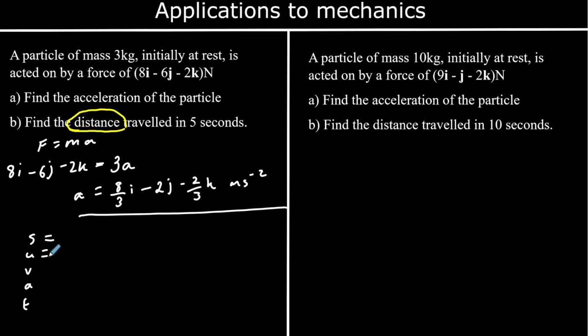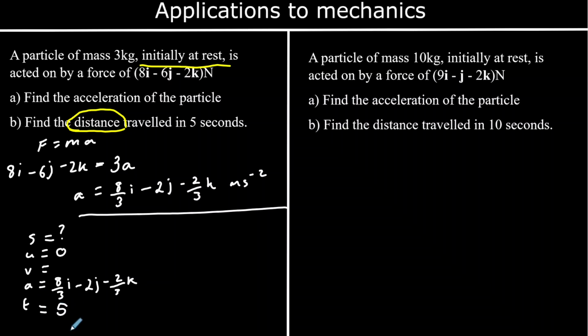U is the initial velocity. And it was initially at rest, which makes u 0. V, we don't know. The acceleration is 8/3 i minus 2j minus 2/3 k. And the time is 5 seconds.